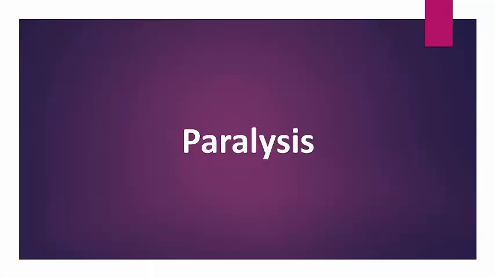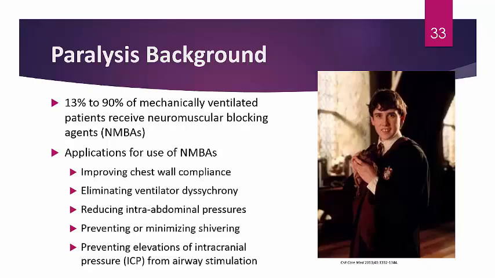So now we're going to switch gears a little bit from sedation, and now we're going to talk about paralysis. To give you a little background on paralysis, about 13 to 90% of mechanically ventilated patients at some time during their hospital stay receive a neuromuscular blocking agent, or NMBA, for paralysis.